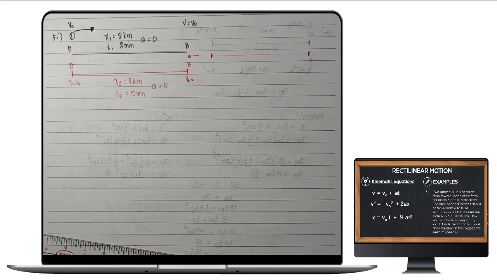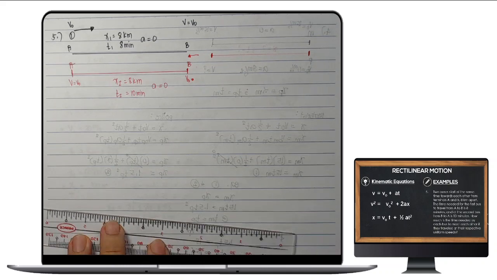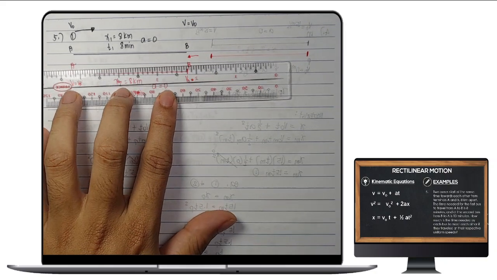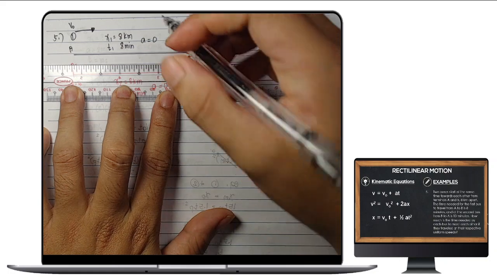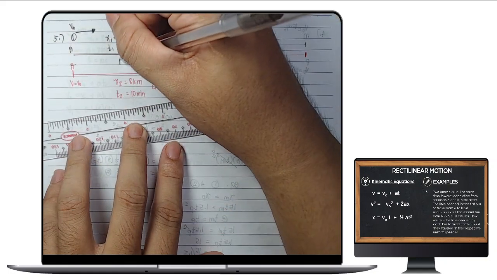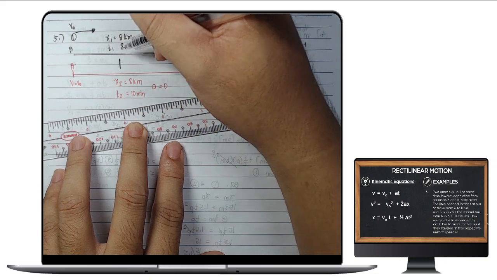Now, we are asked how much time is needed by each bus to meet each other if they traveled at their respective uniform speeds. So let's say they meet at this point.